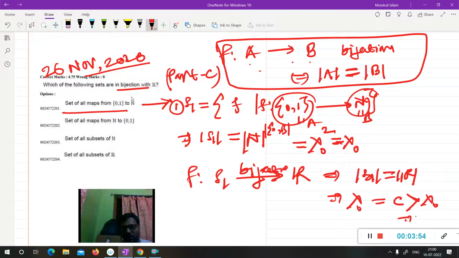So this is a contradiction. Hope you understand. So this set is never bijective with R.